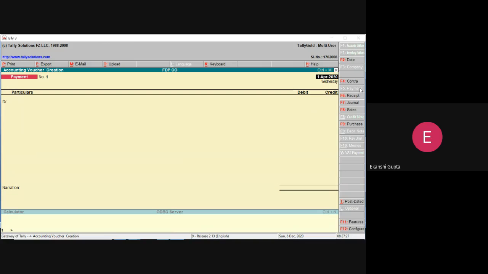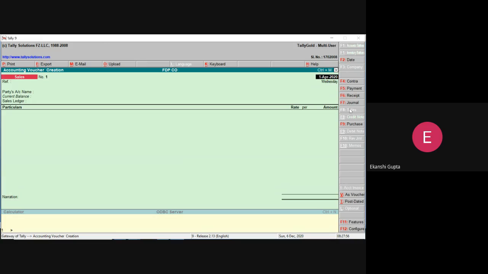Payment voucher: we have purchased computer from Computer World, but we have not paid them in any form right now, not in cash, so it will not be in a payment voucher again. Receipt voucher: you're not receiving anything in the form of cash or bank, so again not in the receipt voucher.